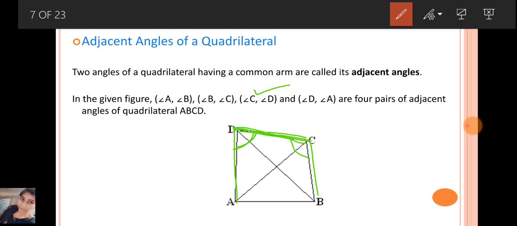So they are also a pair of adjacent angles. And angle D and angle A also have a common arm DA. So in a quadrilateral, we will have four pairs of adjacent angles.